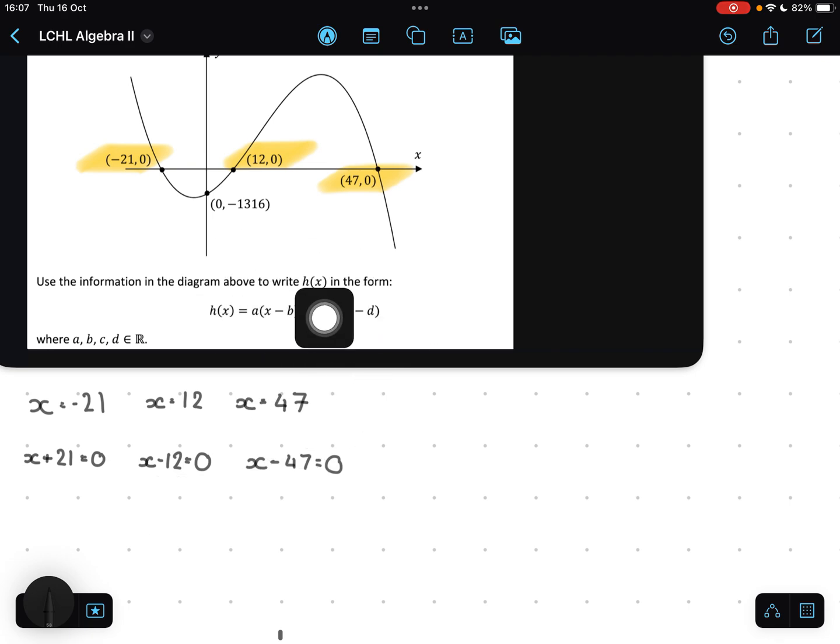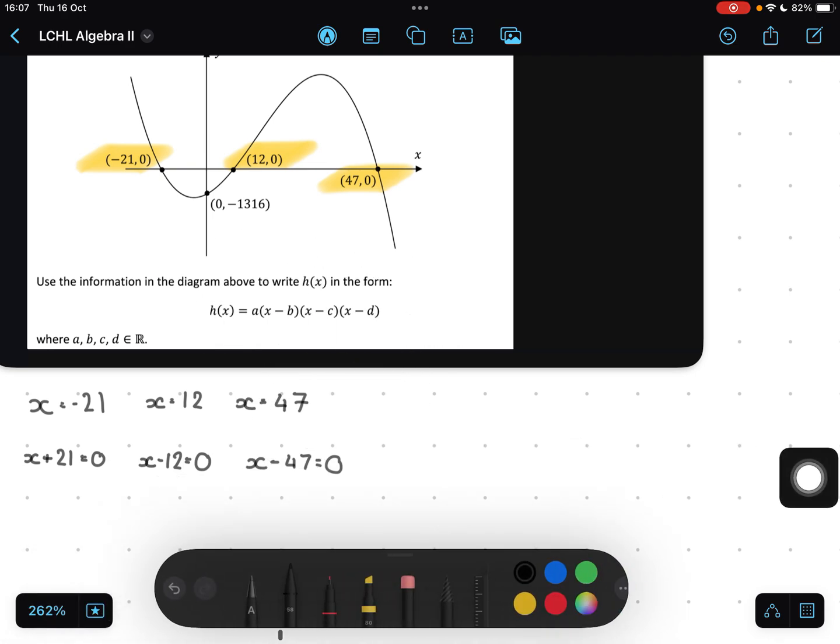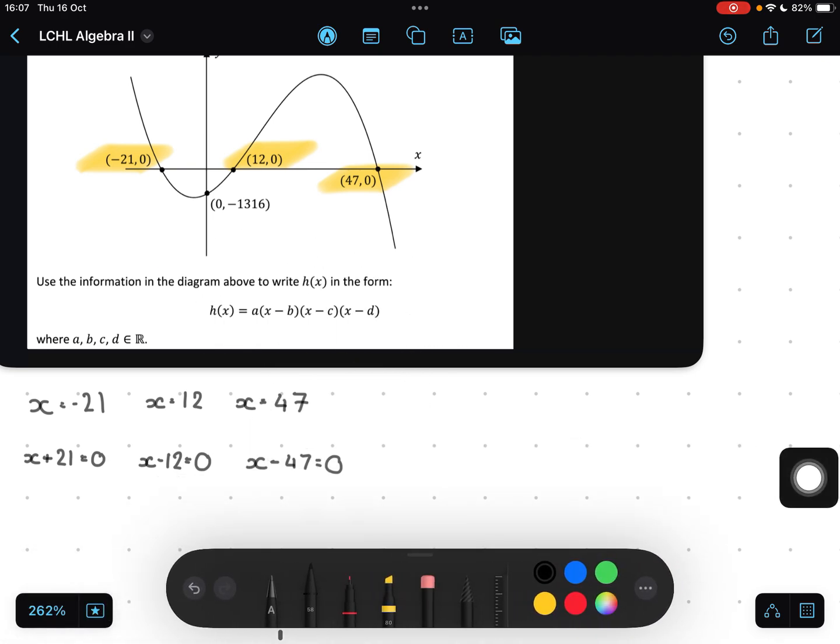Bearing in mind, they gave me a function here. Let's say they said to me, write f of x equals x squared plus 5x plus 6 as x plus a times x plus b.